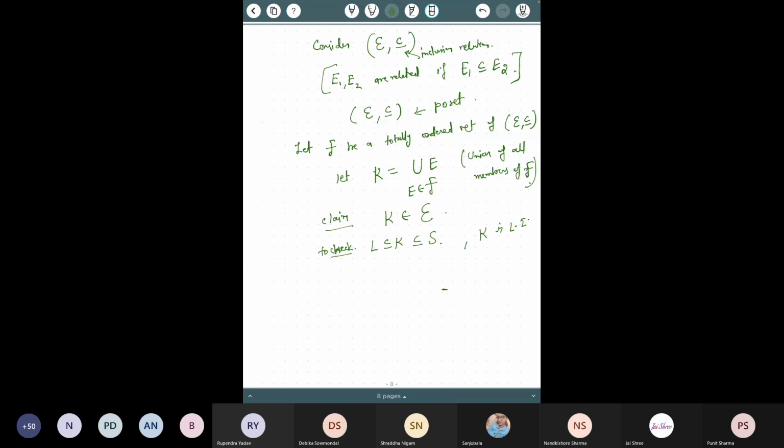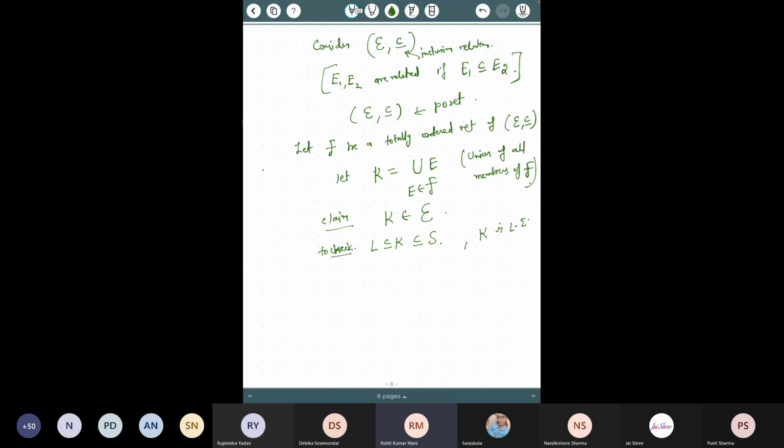Sir, as you have defined the poset, we are given L as a linearly independent set. Sir, can you slide up a little bit?